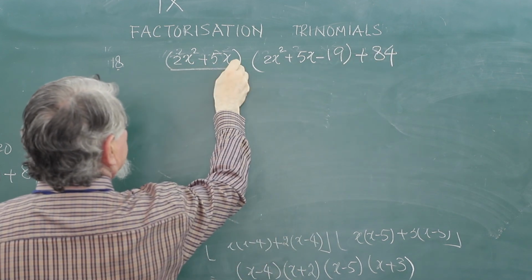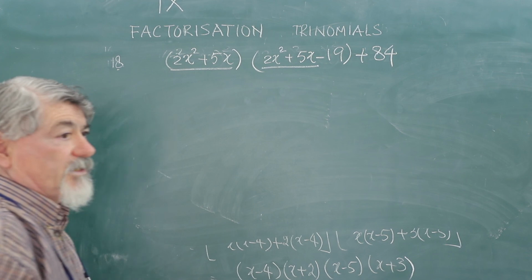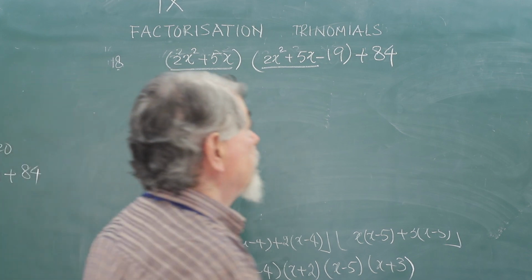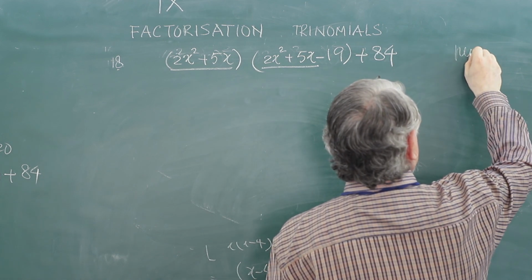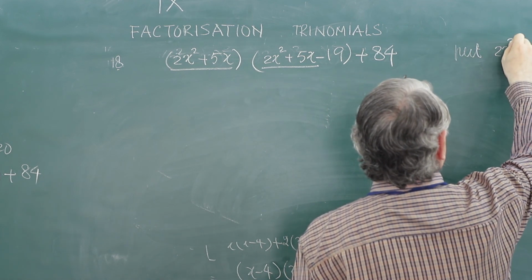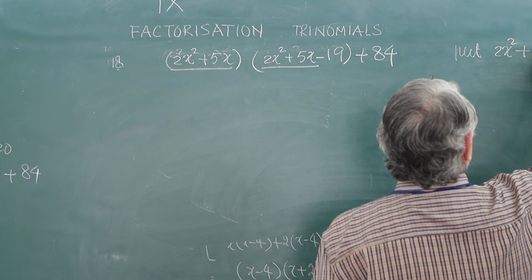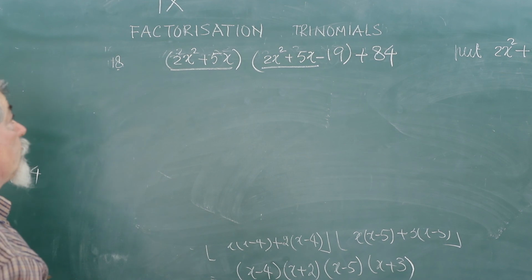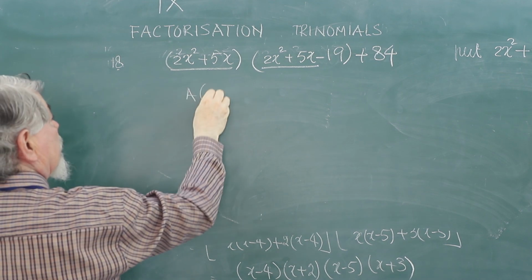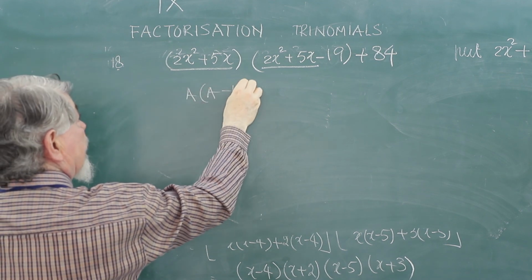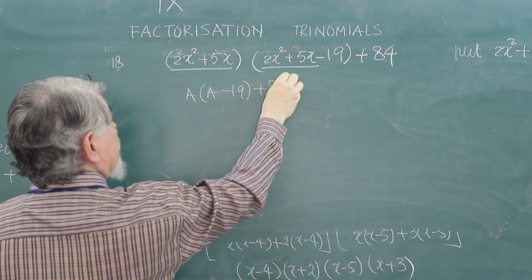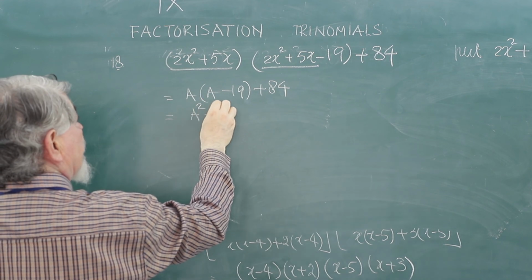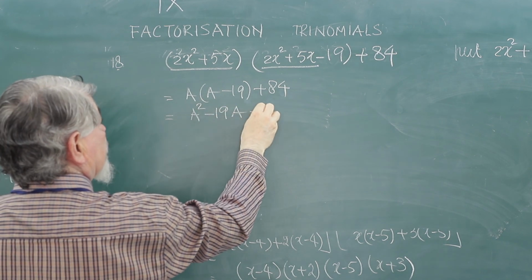Again you see this 2x square plus 5x, 2x square plus 5x here. Let us put 2x square plus 5x as a. So it is a, plus a minus 19, plus 84. It is equal to a square minus 19a plus 84.